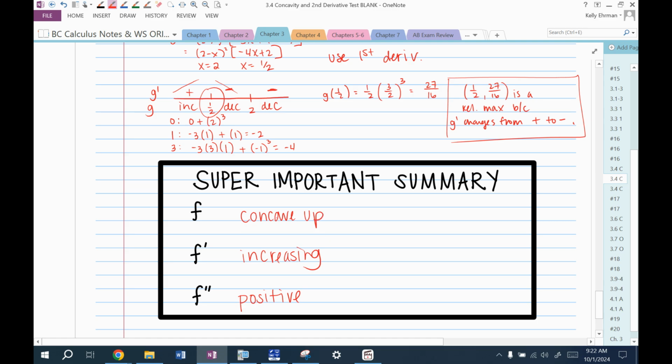So if you know concave up, then you know f prime is increasing, you know f double prime is positive, and vice versa. You can go up and down. If you know f is concave down, that means you know that the first derivative is decreasing. And that also means that the second derivative must be negative. And this works with the fifth derivative, sixth derivative, seventh derivative, any three consecutive functions like that.